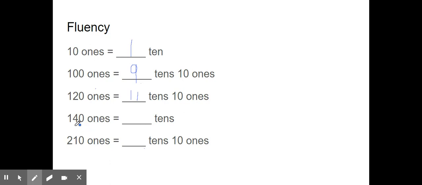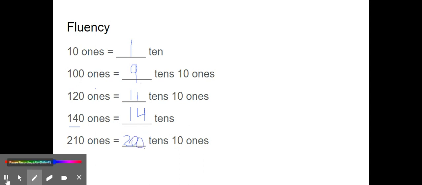I see there are 4 tens in the tens place, but don't get tricked. Remember, we have to change the hundreds into tens too. I can tell that there are 14 tens looking at the number. And last one, 210 ones equals blank tens and 10 ones. If there's 10 ones, I am still going to need 20 tens to make 210.